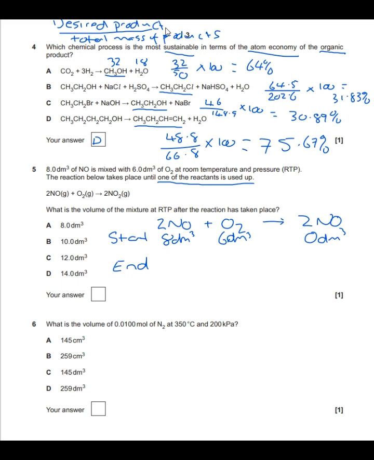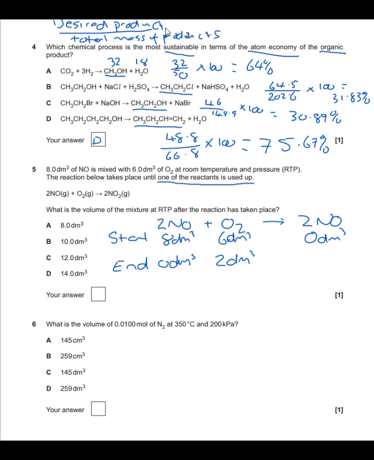So if we were to use up the whole of the 8 decimeter cubed, we'd have 0 left at the end. To react with the 8 decimeters cubed, we need half the volume because it's got half the number of moles. So we're going to use up 4 decimeters cubed of the oxygen. So if we use up 4, that means we're going to have 2 left at the end.